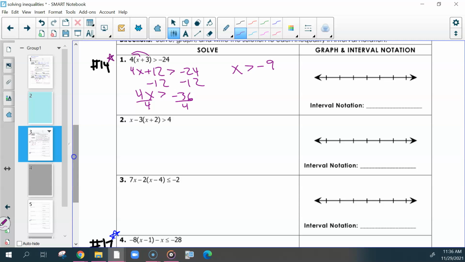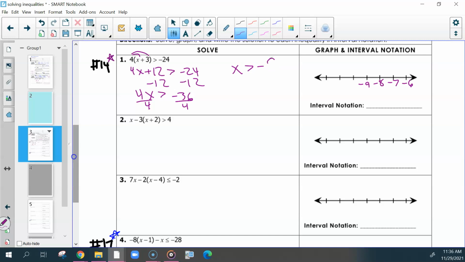It doesn't really matter if you graph it first and then do interval notation or vice versa. We're going to graph this first and then do interval notation, and then on the next one we'll do the opposite. So I'm going to put this in the middle and spread out. So this would be -8, -7, -6. Sorry, that should be 4.